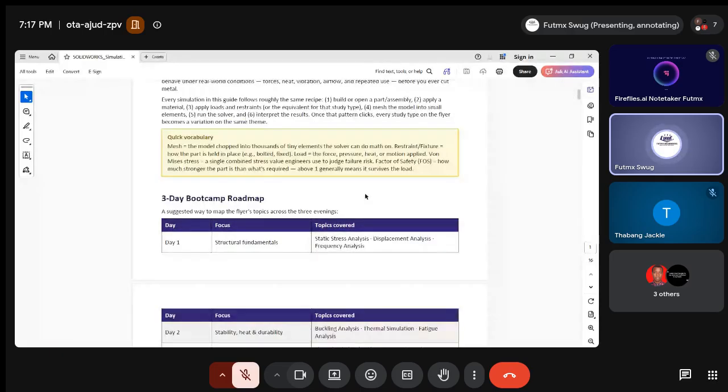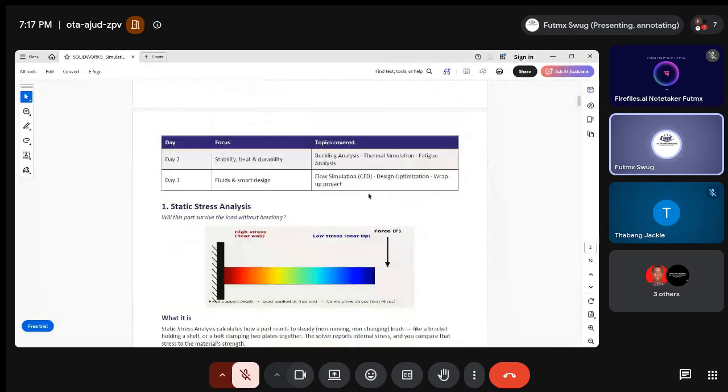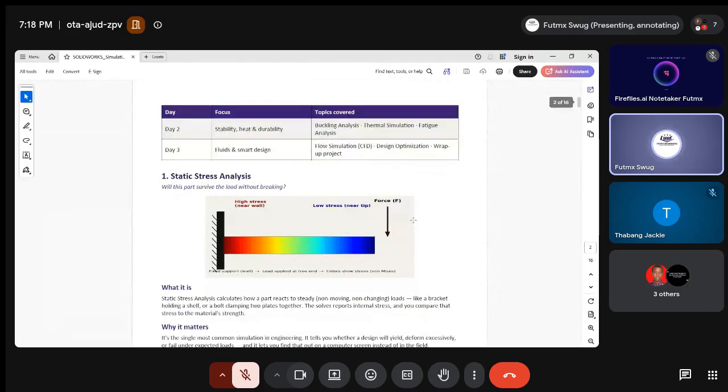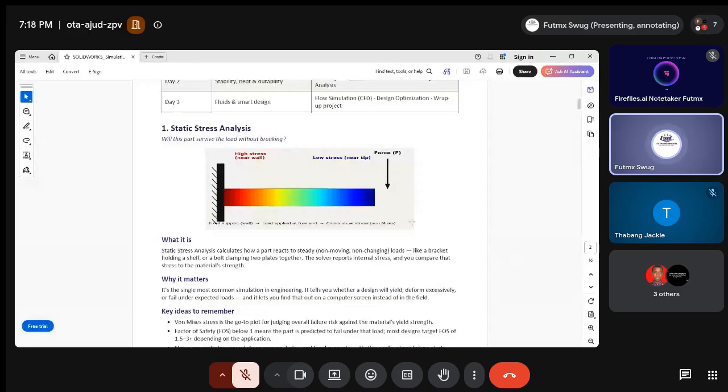So basically, what we'll be doing today is to try to put more perspective on all the areas of simulation that are in SolidWorks. We started our session by talking about static stress analysis, and our instructor demonstrated how you could perform it.